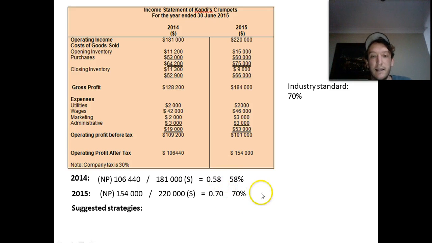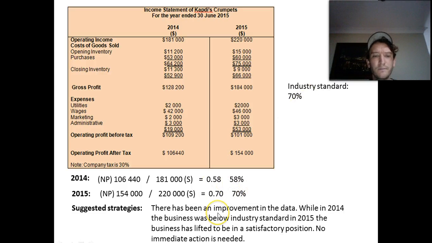Our raw data is all calculated. Now we need to see we've had a below industry standard response in 2014, and in 2015 though we've really turned it around and we're now up with the industry standard. So your response needs to reflect that. There has been improvement in the data. While in 2014 the business was below the industry standard, in 2015 the business has lifted to a satisfactory position. No immediate action is required.